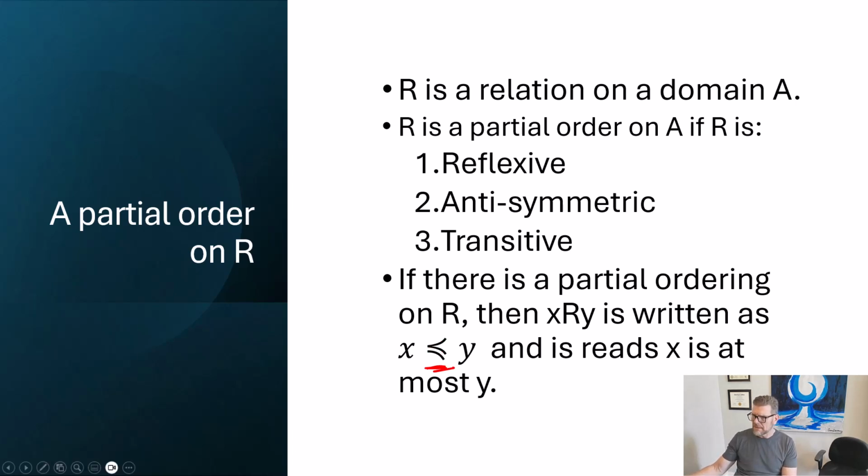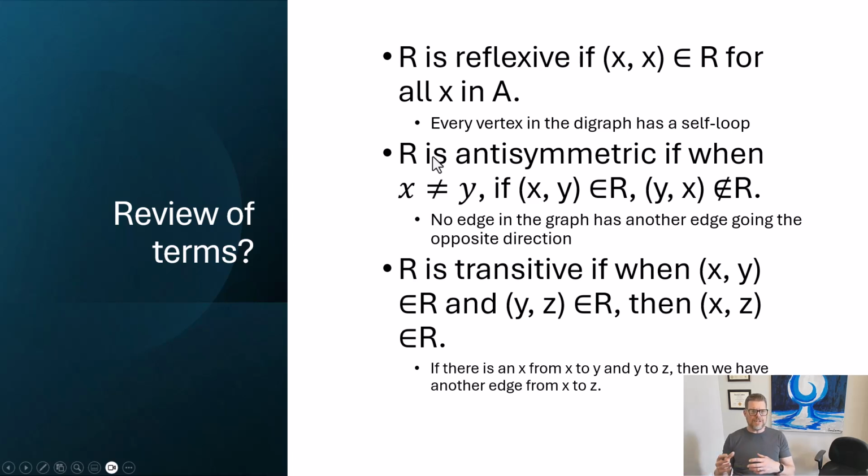Just to review our terms, R is reflexive if (x, x) belongs to R for all x in A. From the perspective of a digraph, that means every single one of our vertices will have a self-loop.